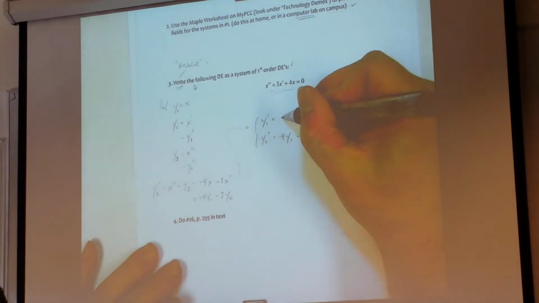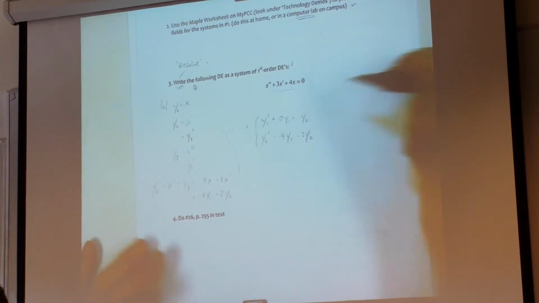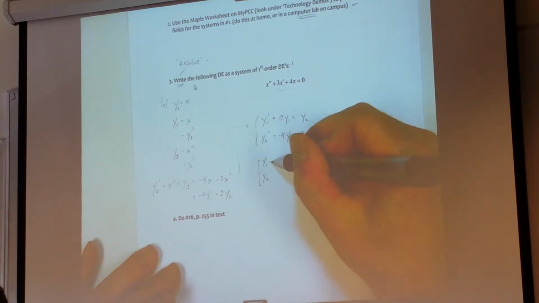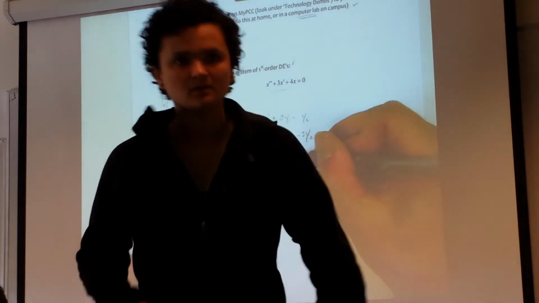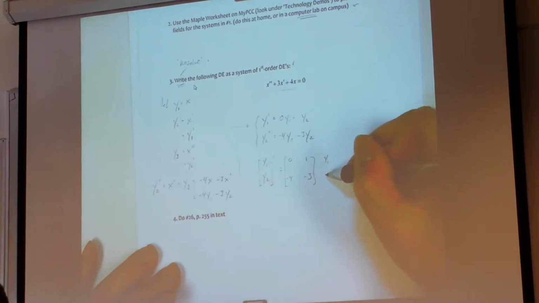Or you could think of this as a 0 y1 right there, and then I got all my terms. This looks like y1, y2 prime, 0, 1, negative 4, negative 3, y1, y2 in linear algebra notation.